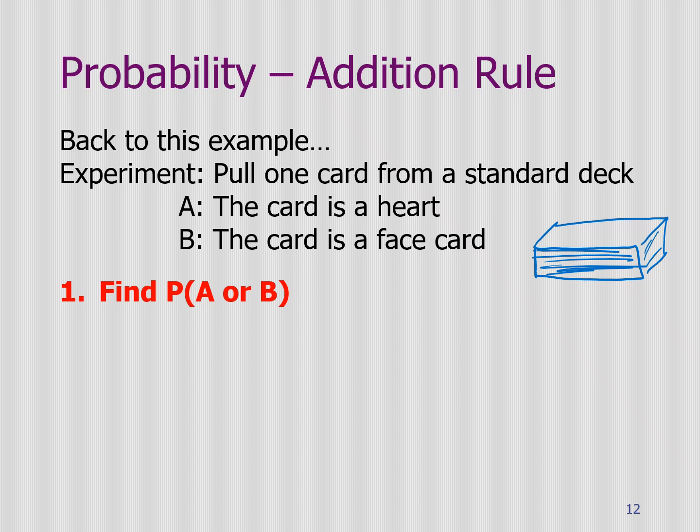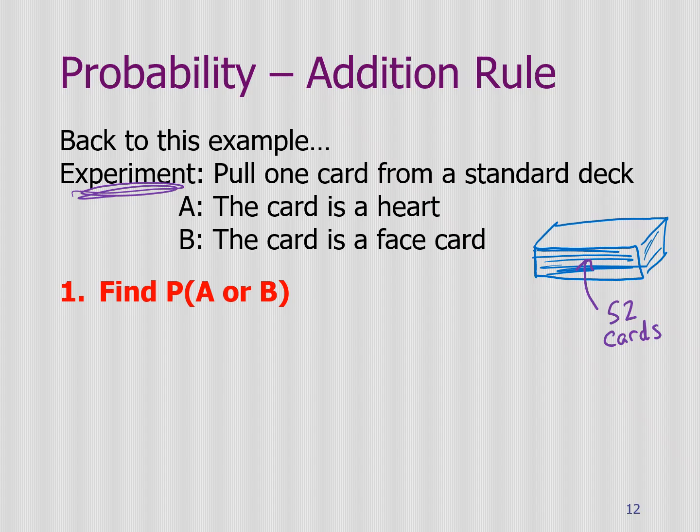Well, let's see. In this deck, there are 52 cards. So there are 52 possibilities in this experiment. 52 possible simple outcomes from the experiment of pulling a card at random. So it should be something divided by 52. We're using the same definition from the previous section.